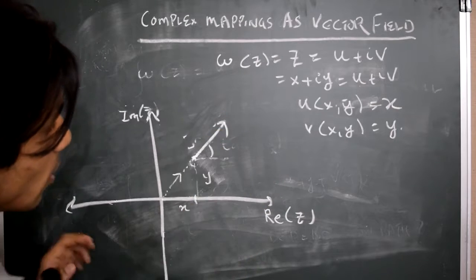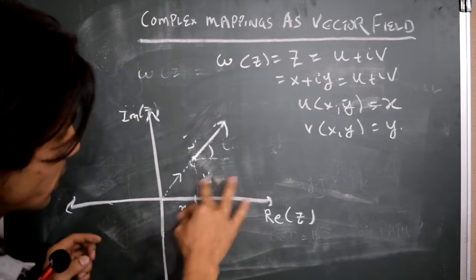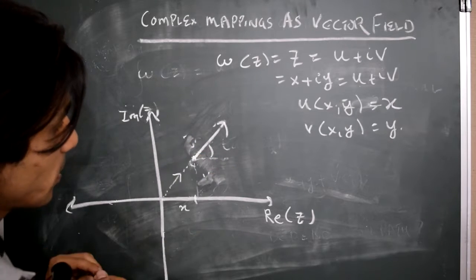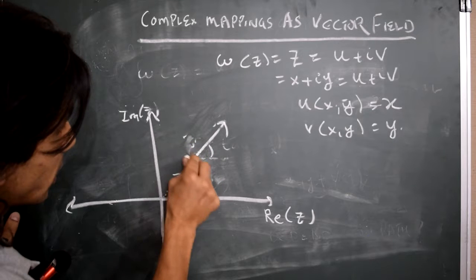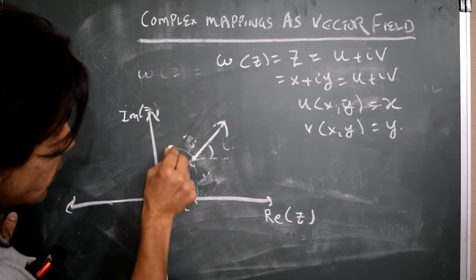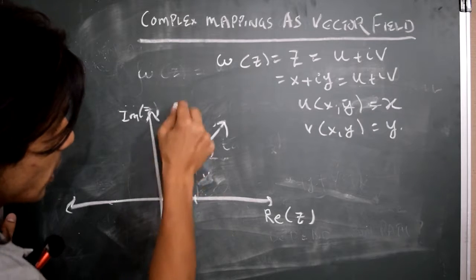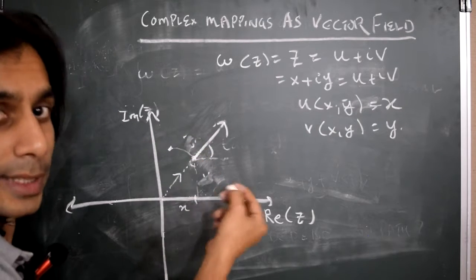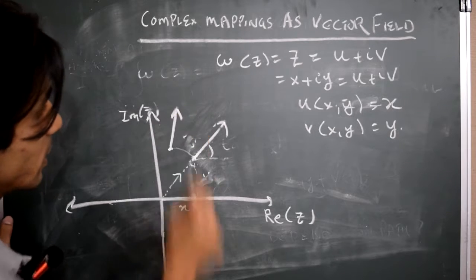So what if now we draw these kinds of arrows all over the complex plane? So we'll see that, let's say this was the point x comma y. Now as we move in the xy plane, let's say we were to draw an arrow somewhere. Let's say we move along this circle and we were to draw an arrow somewhere here. Okay. So the arrow here will be of the same magnitude as this, except that the direction has changed. So we'll draw another arrow which will look like this.